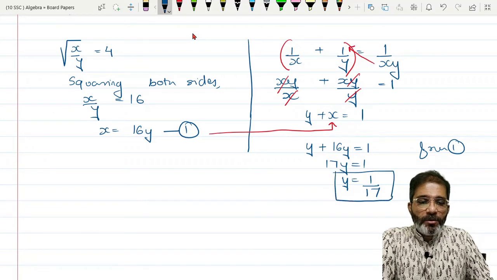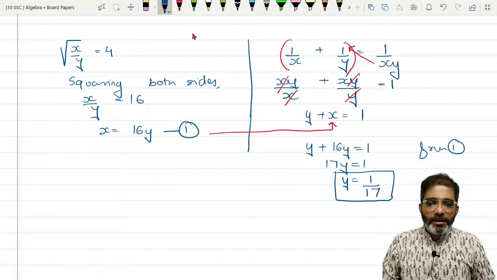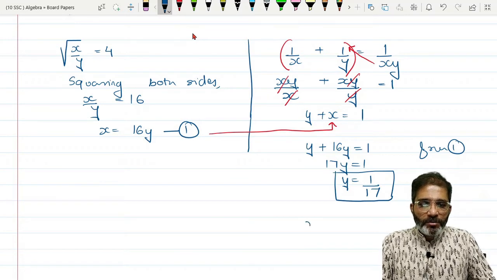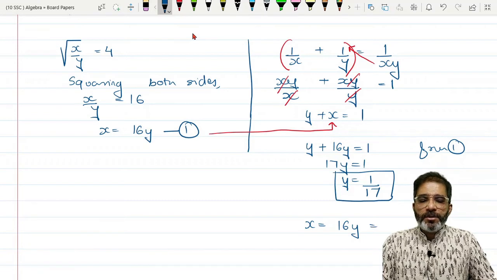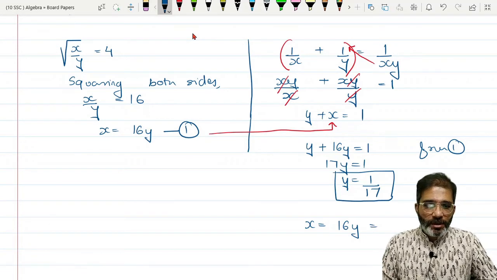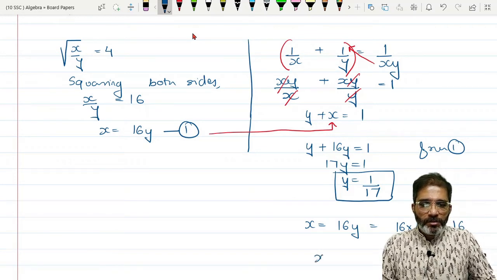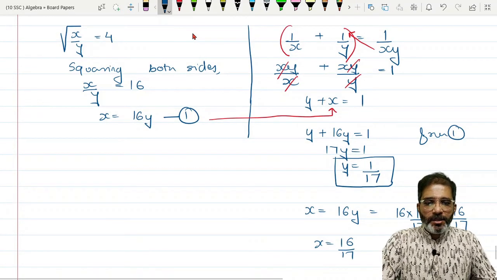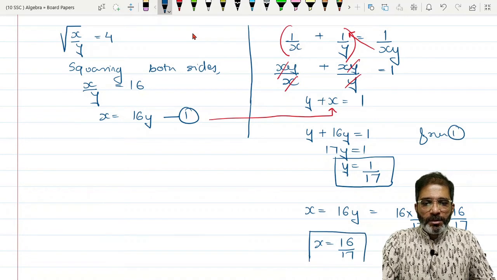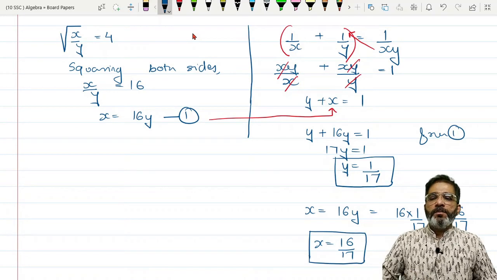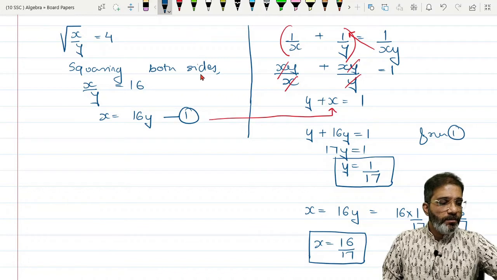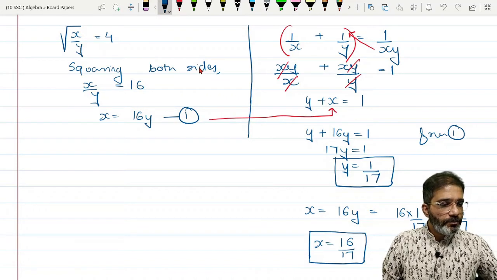Okay, so we got the value of y as 1 by 17, and to find the value of x, students, we have to just substitute the value of y in the first equation. So we have x equals to 16y, so 16 into 1 upon 17, that is 16 upon 17. So we got x equals to 16 upon 17. Okay, so this is how we solve this particular sum. Okay, is that understood?